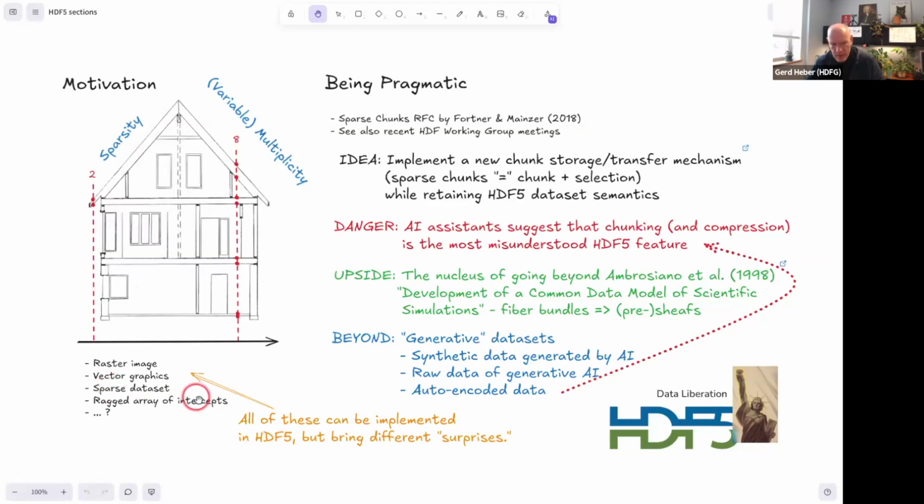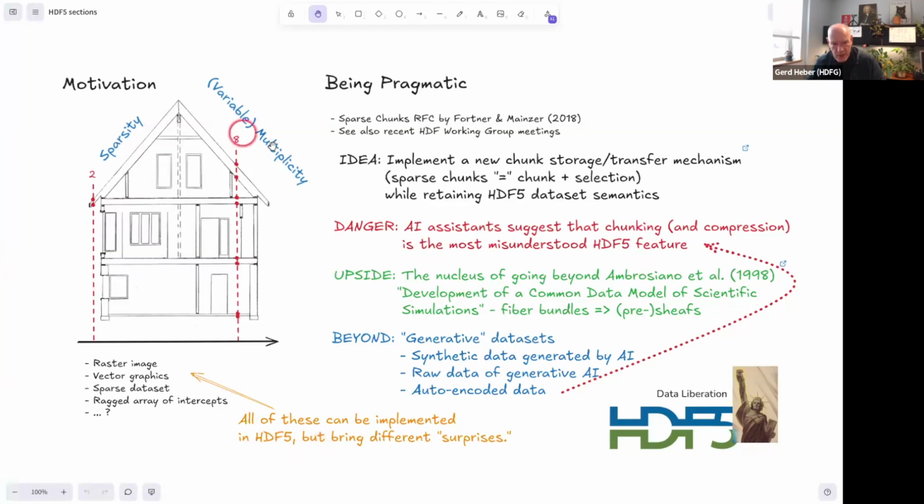And likewise, ragged arrays of intercepts and so forth. So all of these can be done in HDF, but from a user perspective, none of these are particularly appealing in the sense that they are a lot of work, they depart from the vanilla multidimensional array data set model that they will have gotten used to.